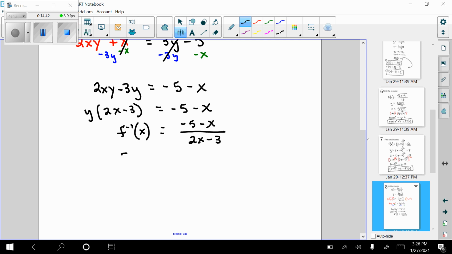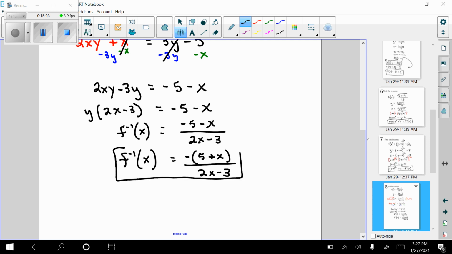Or maybe a better form. That form's fine, but you could factor out a negative on the top and have negative x plus 5 over 2x minus 3. That eliminates quite a bit of negative signs or subtraction signs.